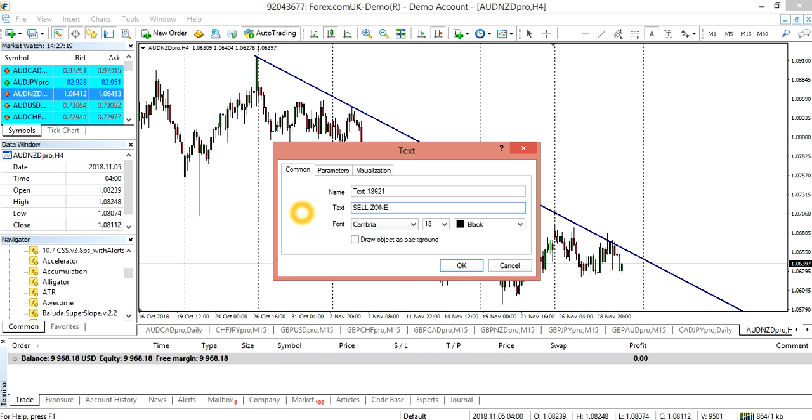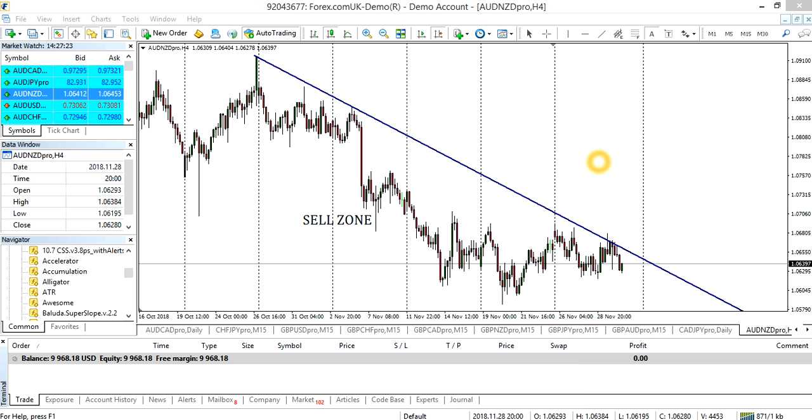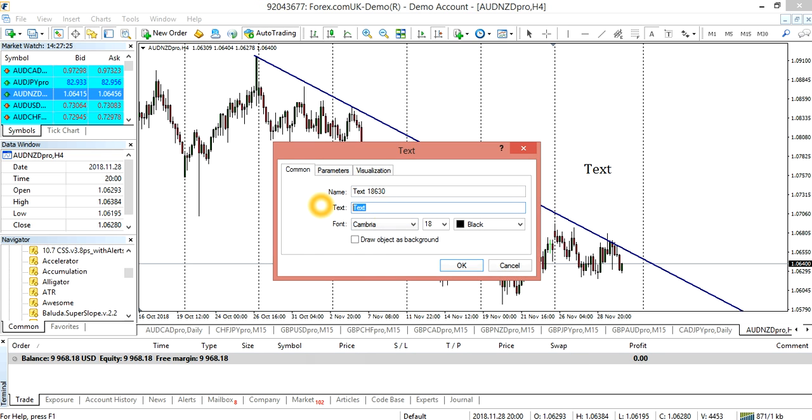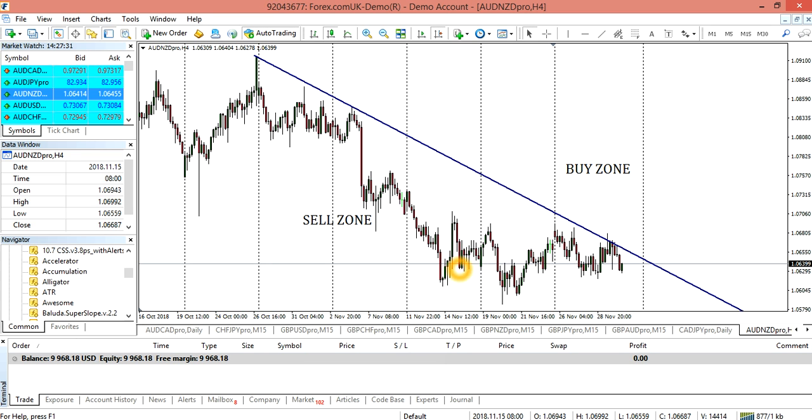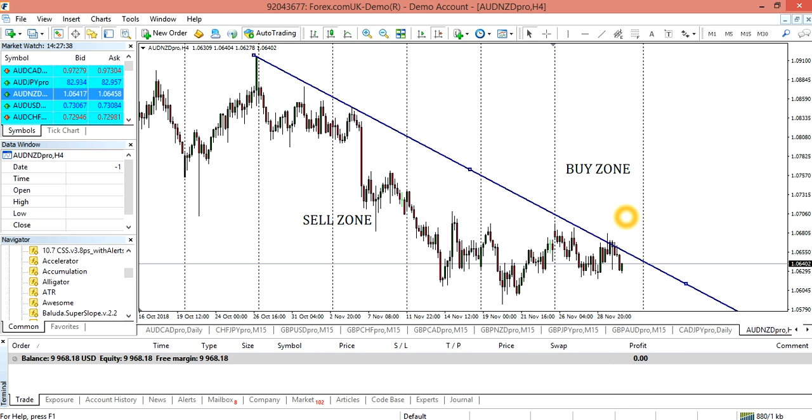Sell zone. And over here is your buy zone. We want to buy the market when the market breaks this trend line and enters into the buy zone.